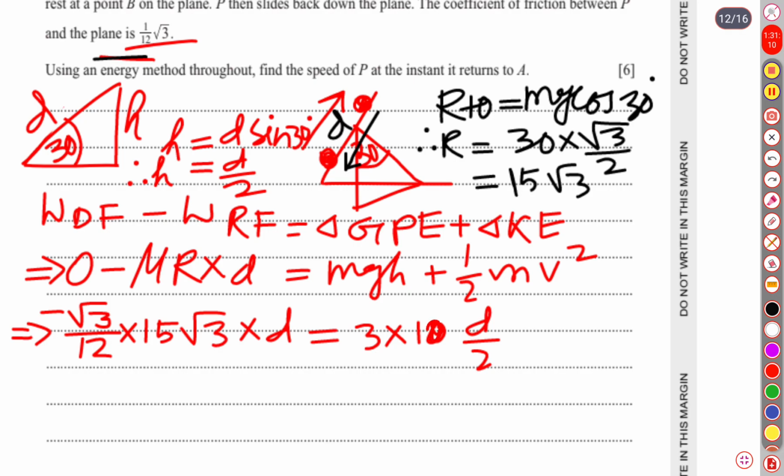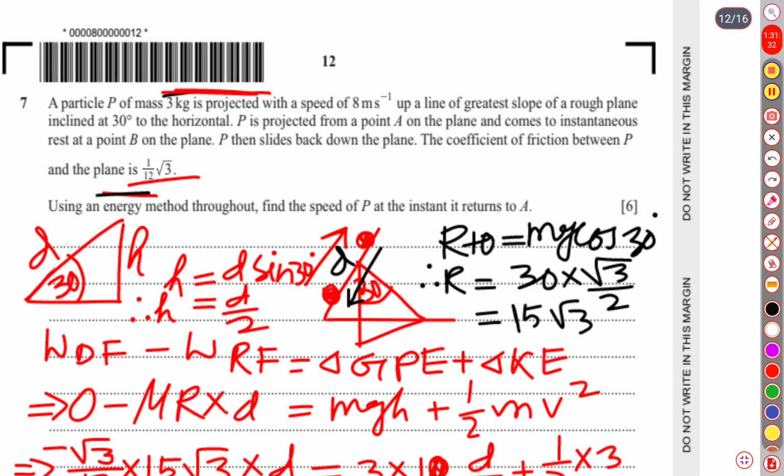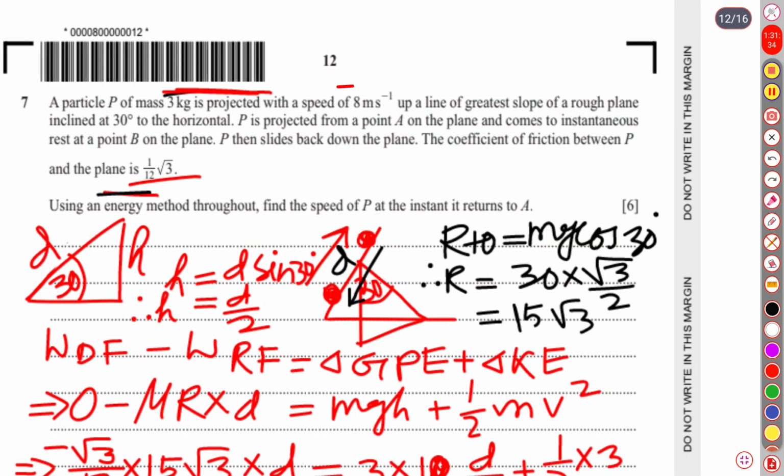So 10 into d over 2, then plus half of the mass of the particle. First, the particle went up, so we are finding the distance it traveled. Half m is 3, and the initial velocity was, as given, that it was projected at a speed of 8 meters per second, and finally it comes to instantaneous rest.